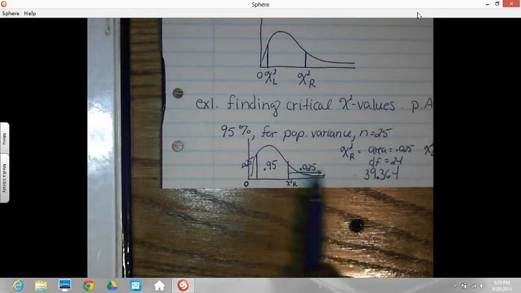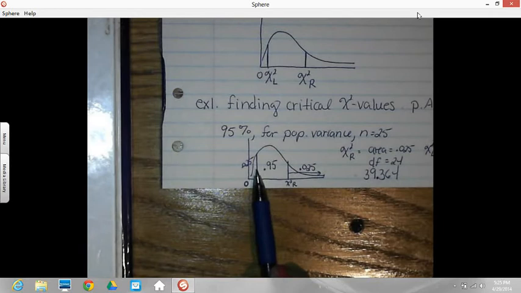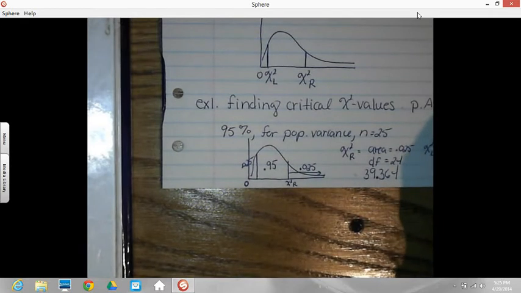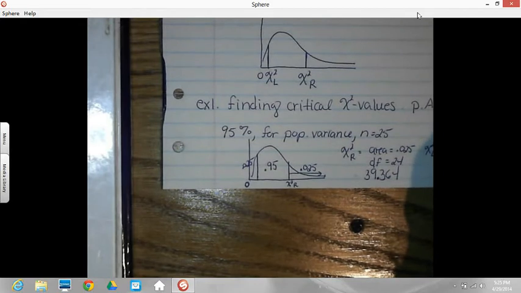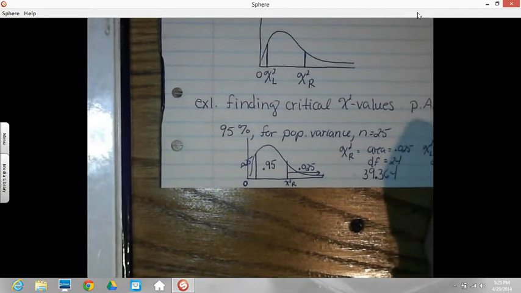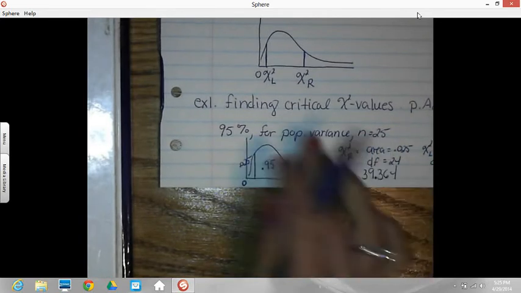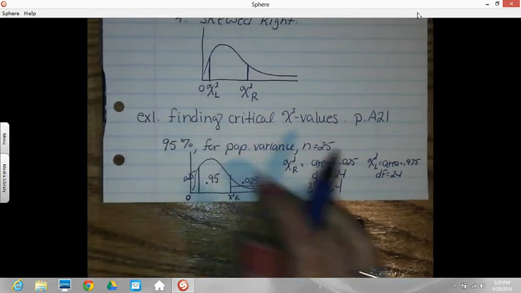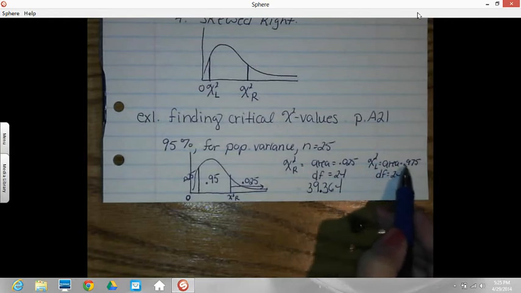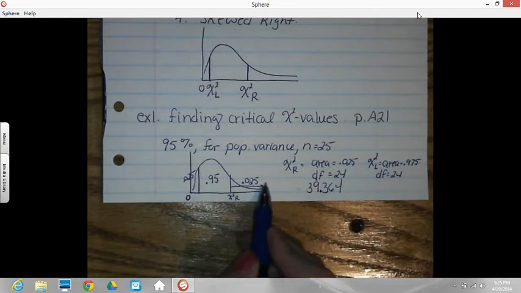Well, it's 95 plus the 2.5, so that's 97.5%. So you're going to look up the 0.975 and the same degrees of freedom of 24, one less than the sample size. Oops, sorry. So the area I wrote down was 97.5% total area to the right.